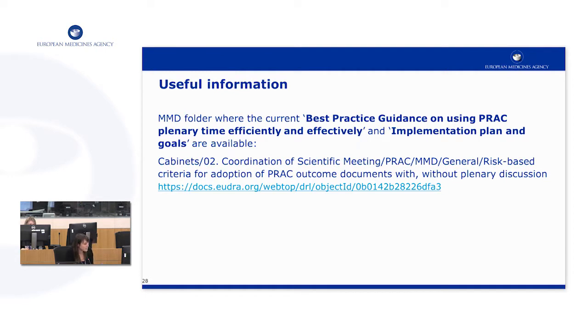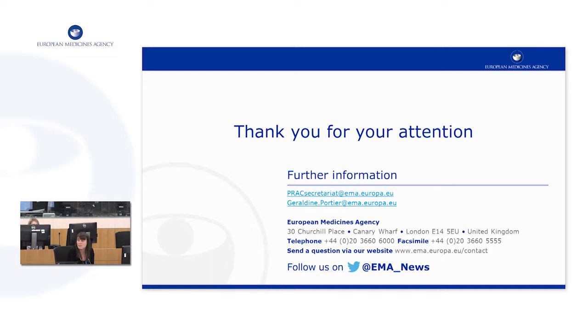The best practice guidance and the implementation plan and goals are available in MMD. So anybody who has access to MMD can retrieve these documents at any time. So please do so. And it's just to thank you for your attention, and apologize for being slightly long, but I promise I will be very efficient next time.